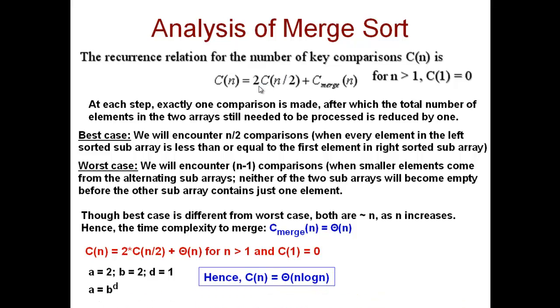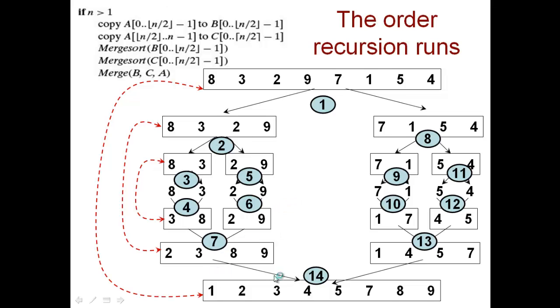And then you are spending time to merge the solutions of the two subproblems, which is the two sorted subarrays in this case. So it takes C of n over 2 comparisons to sort one subarray, and another C of n over 2 comparisons to sort the other. That's why it's 2 times C of n over 2 to sort the two subarrays.